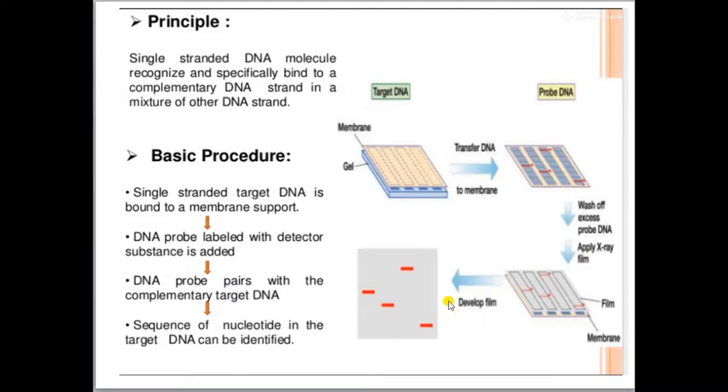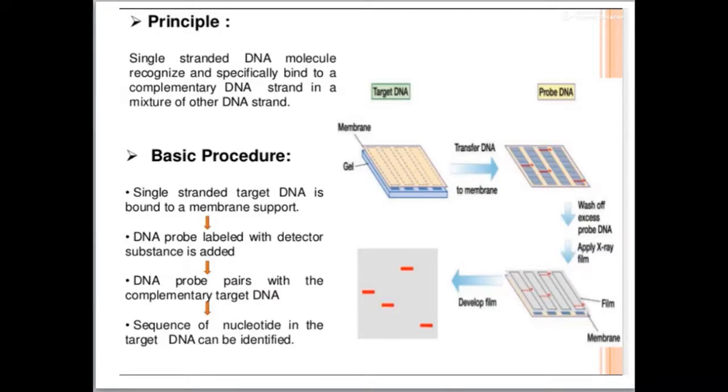Wherever the desired gene of interest is present, you will find darkening. Now, this example is a hybridization where the DNA from agarose gel electrophoresis is transferred onto the membrane.